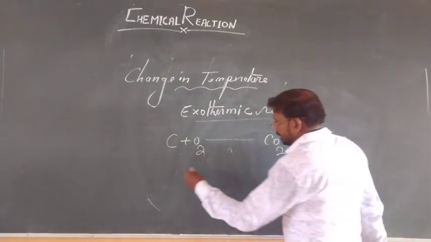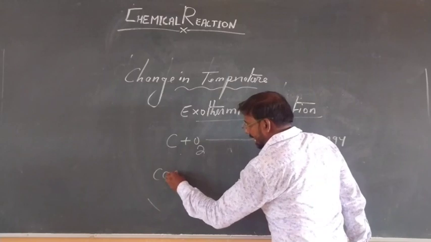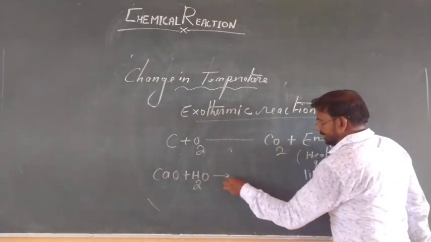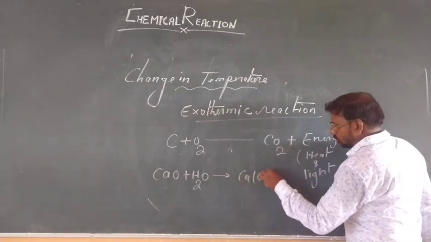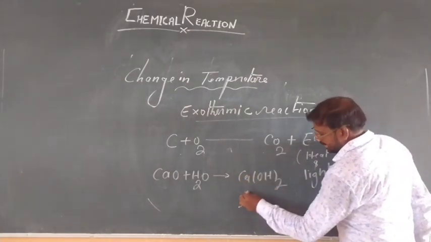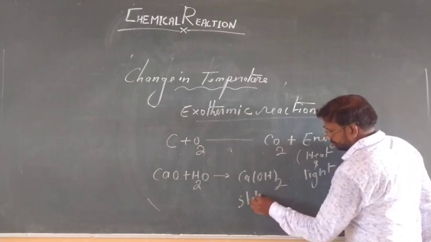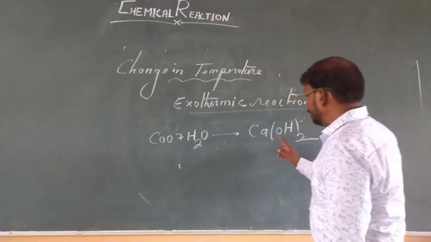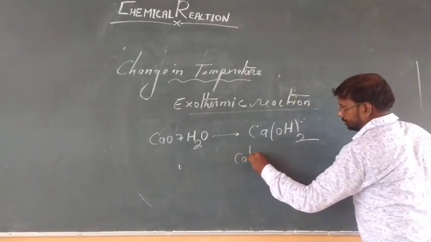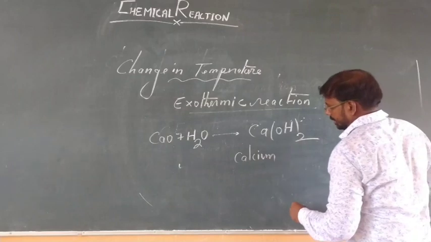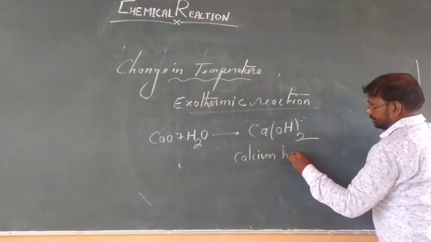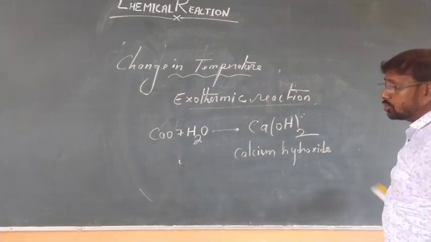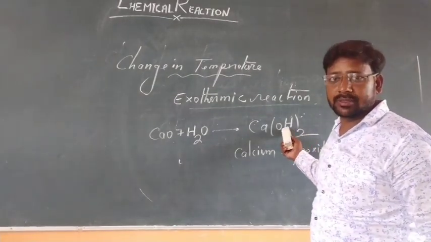Similarly, calcium oxide dissolved in water, you will get Ca(OH)2. It is known as slaked lime. This is called calcium hydroxide, and this is used in our home for whitewashing.